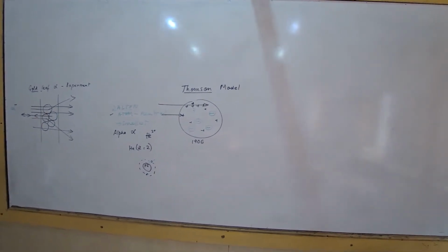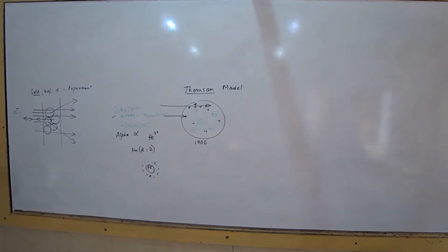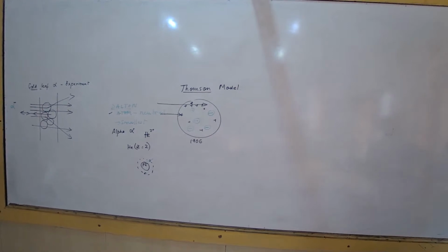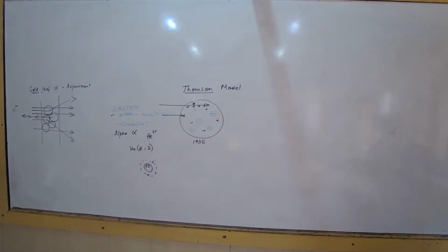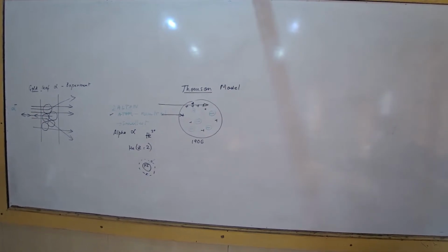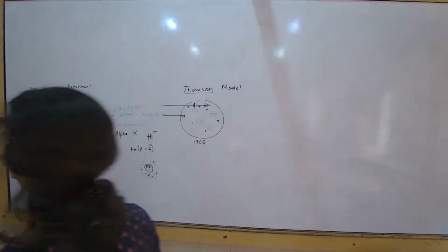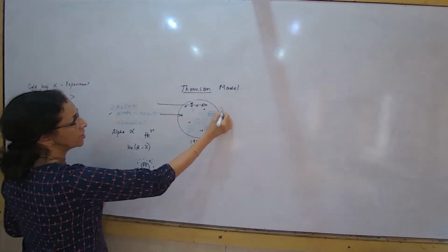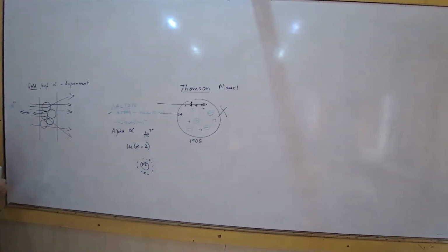Did you see Rutherford's gold-foil experiment? How most of them are able to pass through. Some of them are deviating at very wide angles, and only a few of them are coming back again. So based on this, he was able to say that this model is actually wrong.